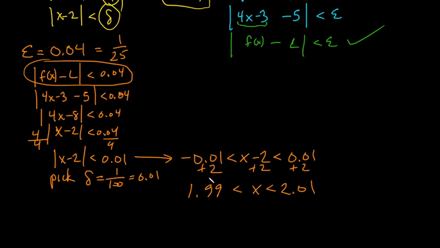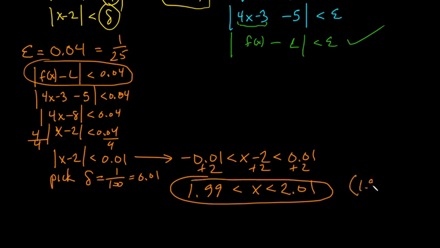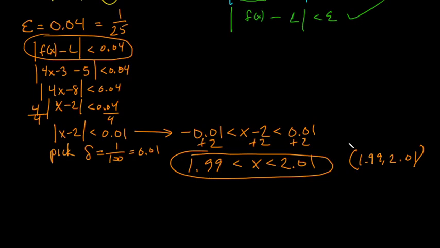Okay, so if x is within this band, within this interval, here it is in interval notation. If x is inside this interval, does that guarantee that my f of x will be within epsilon of L? So that's what we need to show now.